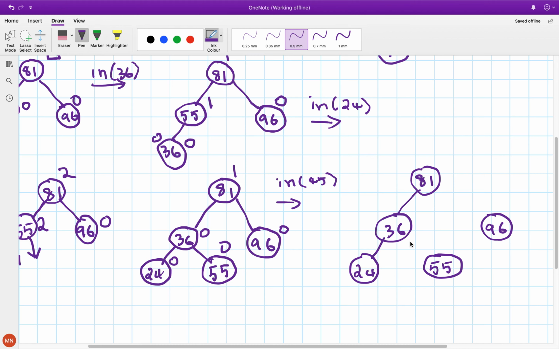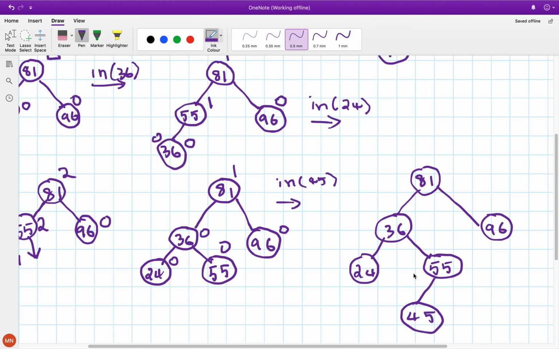Okay, now if you do the normal binary search tree insertion, then you can see that the 45 will be on the left side of 81, right side of 36, again on the left side of 55. So this 45 will reach here, so I'm writing 45 here.